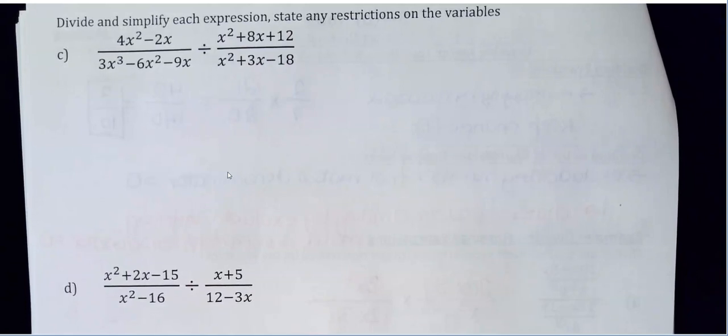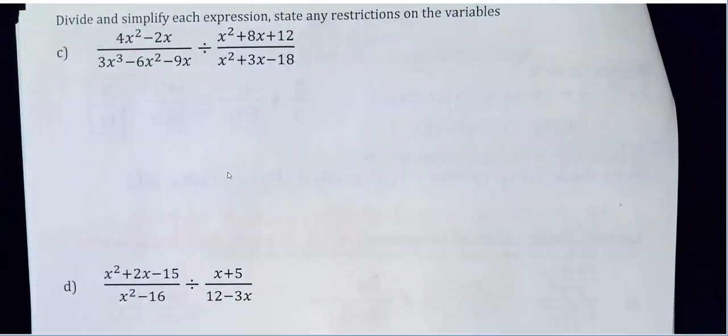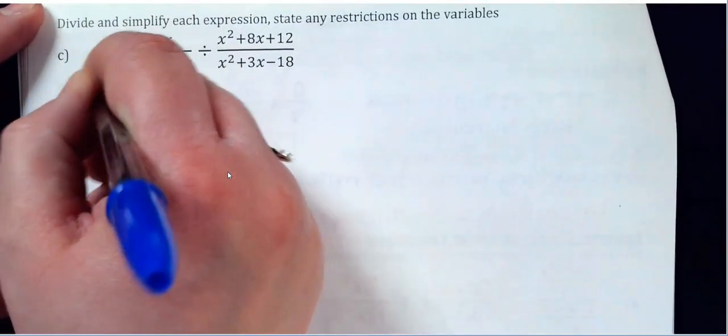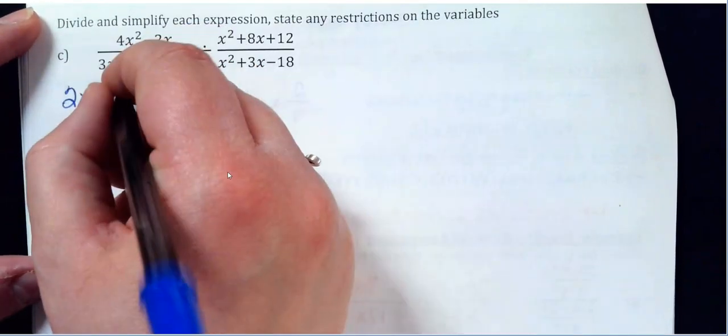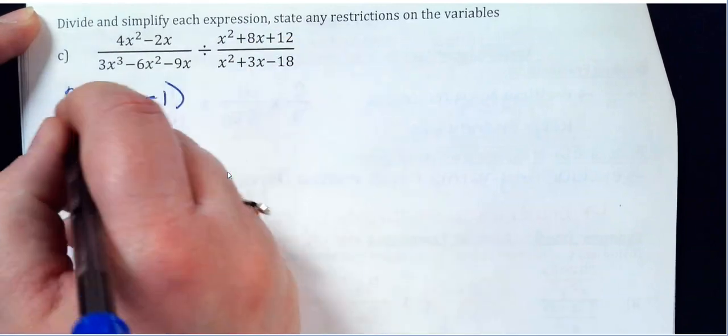Can I factor on the top of this first fraction here, 4x squared minus 2x? Can I do any kind of factoring there? What do you think? Okay, so if you take out a 2x, what would you have left? There you go. Okay.